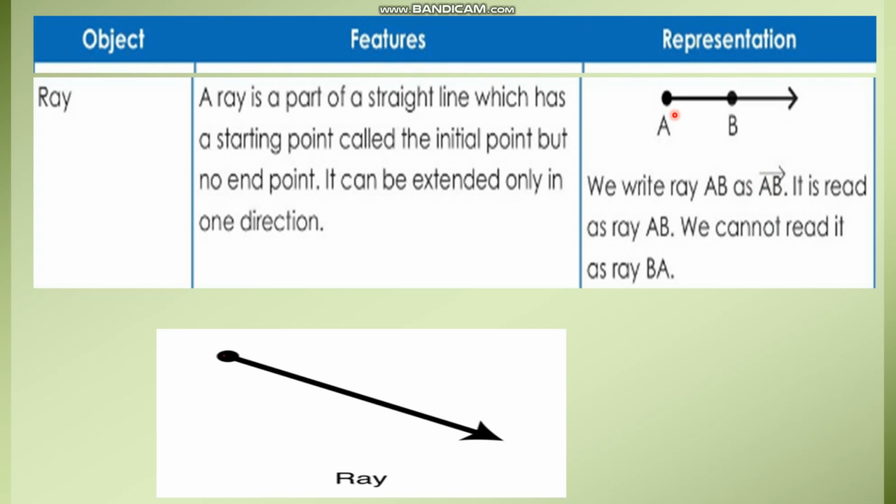We know the ray should have a starting point and then it will go endlessly in one direction. But look, if we are writing B, then it is starting from this point but it is not going endlessly in this direction, isn't it? So we can write ray AB as ray AB and we can never write it as ray BA. Got it, children? This is about ray.